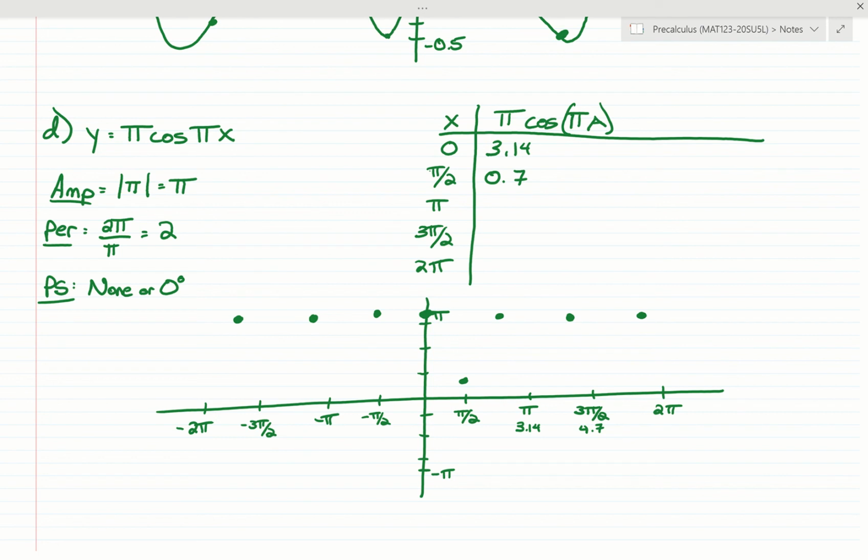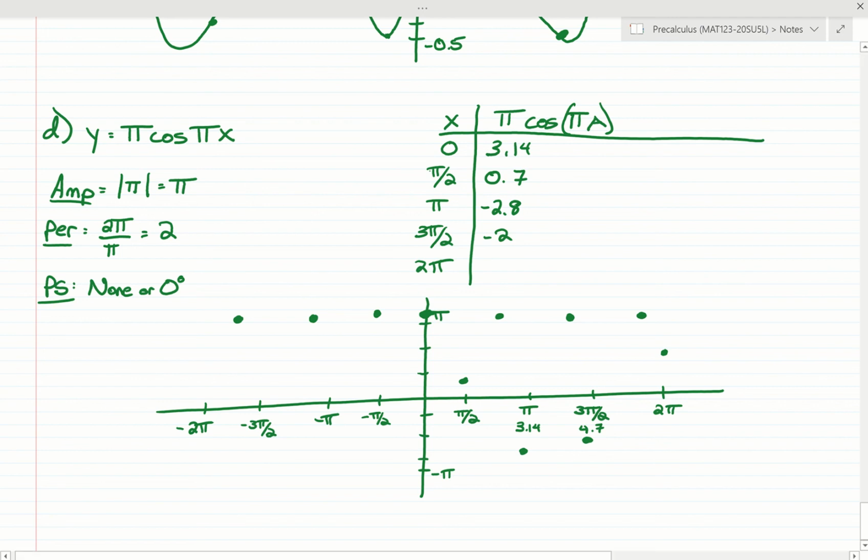Pi, I'm getting negative 2.8. 3 pi over 2, I'm getting negative 2. And 2 pi, I'm getting 2. Right here.